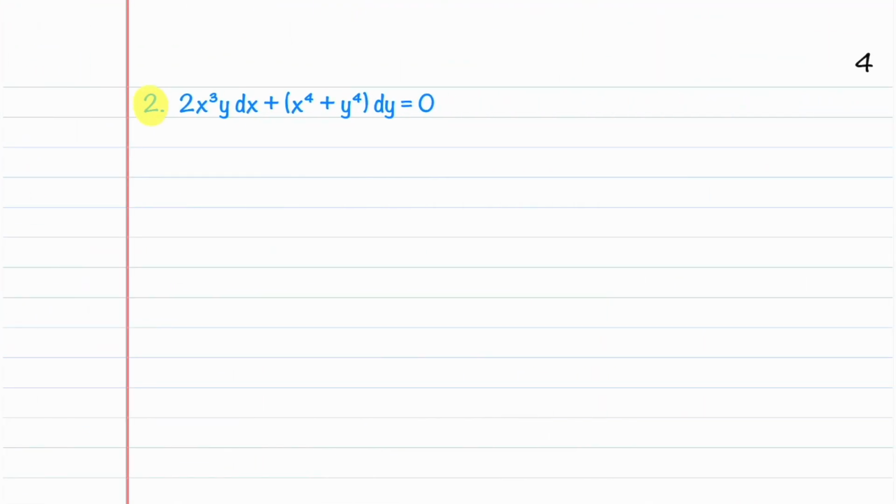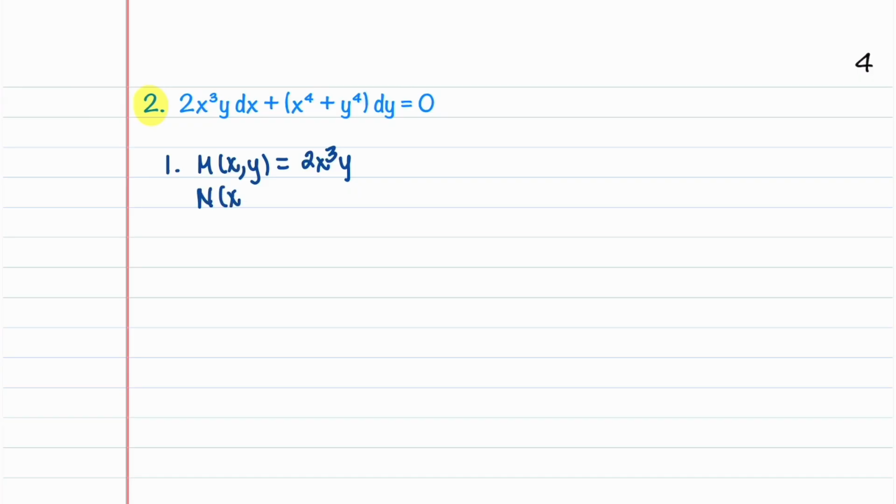Let's now look at our second example. I wanted to do this problem because I wanted to show you what it looks like when we use the other change of variables. To decide which change of variables to use, let's let M of x,y be equal to 2x cubed y. That's just the coefficient that multiplies dx.